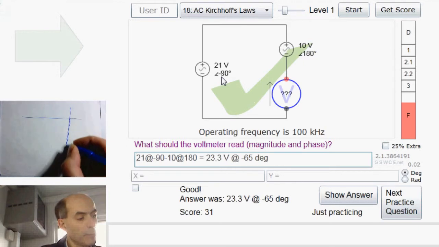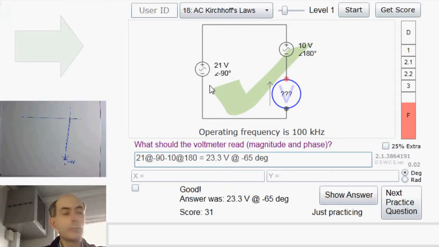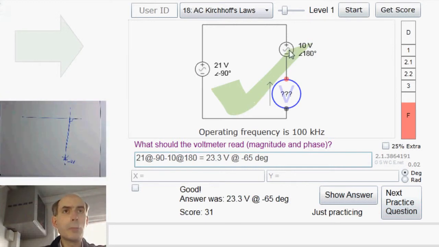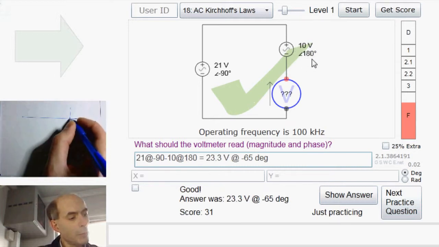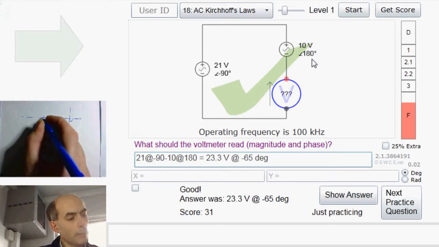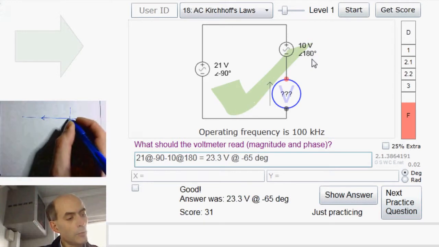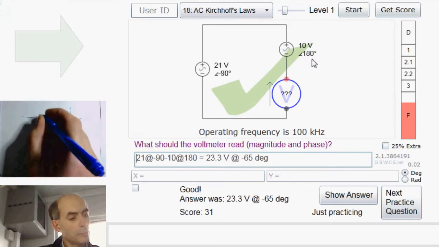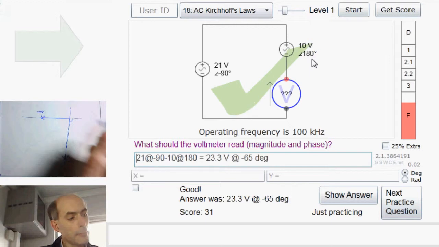That's the phasor representing this voltage here at minus 90 degrees. Then the phasor representing this voltage source here, 10 volts at 180 degrees, that would be this way. Straight back like that, 10 volts to minus 10 volts there.